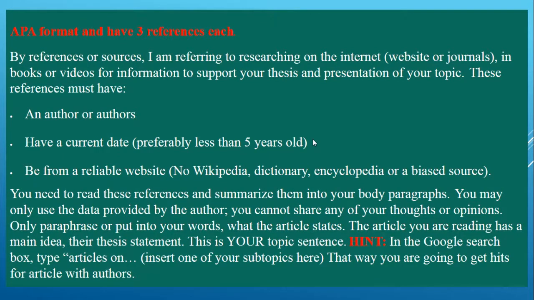There's a new message. This is why less than 5 years old should be the best date that you can use for an article. Also, on the bottom of some articles, you'll see that it says updated, with an updated date. So you have to be very careful that you're using something that's current.